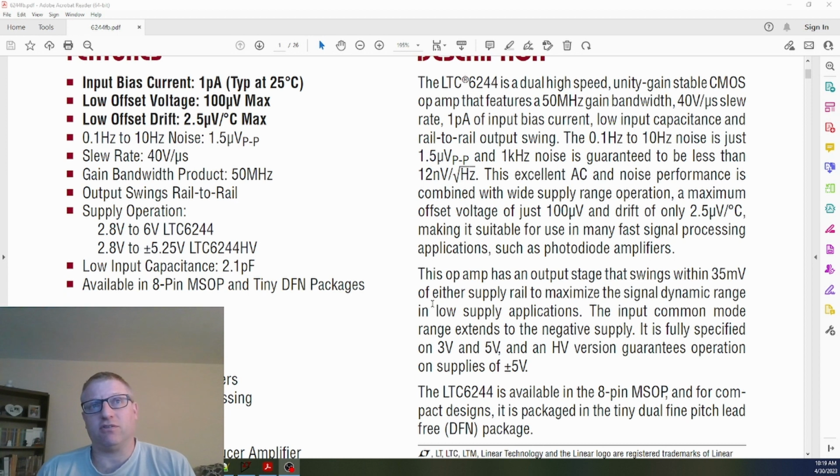That input bias current then also directly relates to the low offset voltage, or the offset voltage. Just like you're not supposed to have any current going into the pins of an op amp, the N minus and the N plus, what also happens is, because you don't have any current going in, you should also not have a voltage differential between the N minus and the N plus.